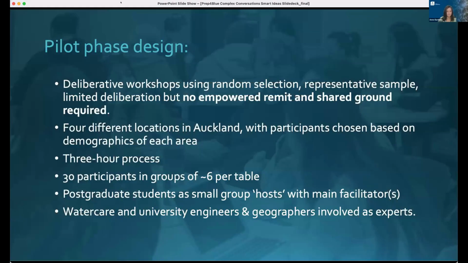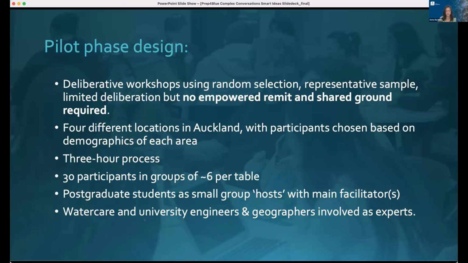So our design, as I said, was to use deliberative workshops using random selection. These workshops did not have an empowered remit. As I said, this is not a full assembly. We didn't expect one, because these were short 3-hour processes; we were just testing out our questions and our materials and people's knowledge and what they needed to know in order to deliberate further.